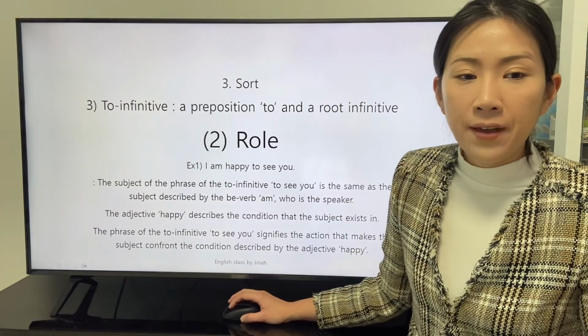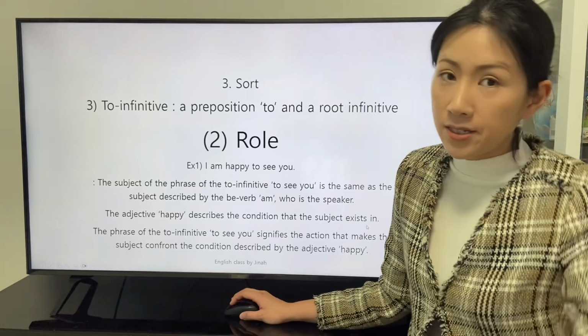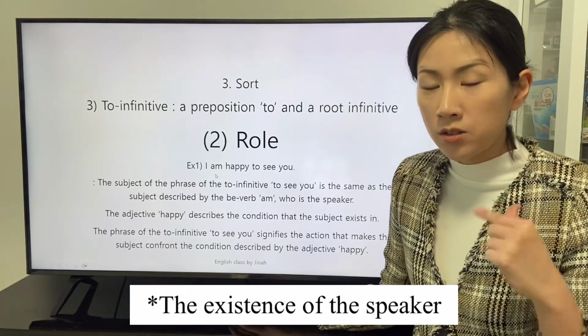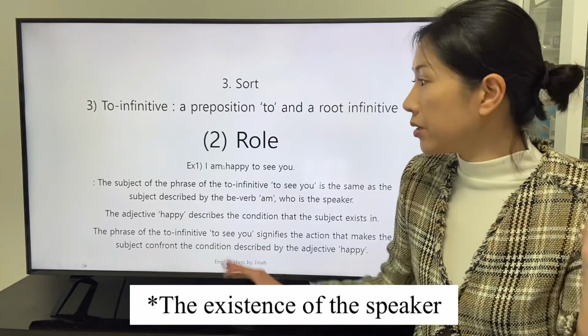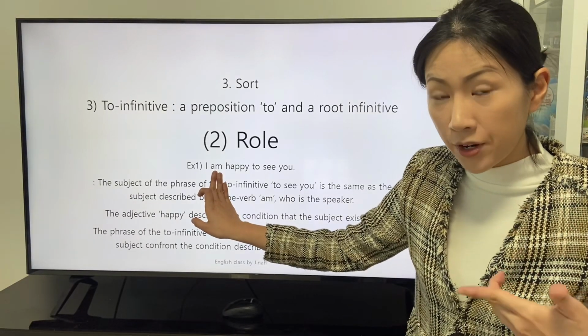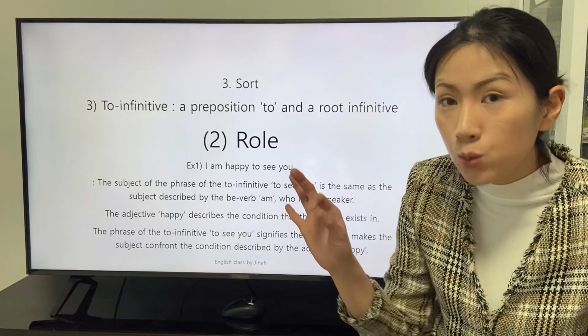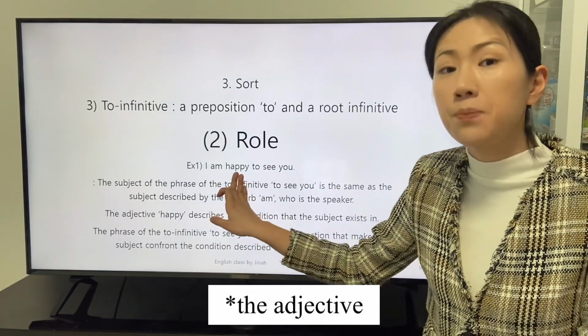The adjective happy describes the condition that the subject exists in. The speaker by the be-verb am is specified with happy.